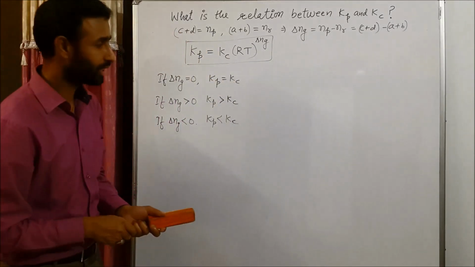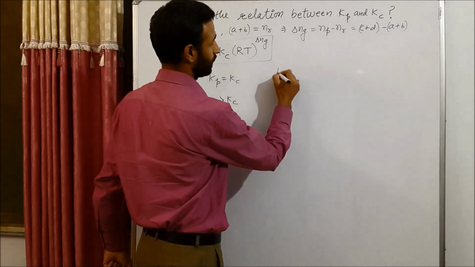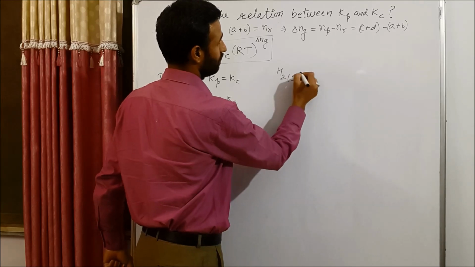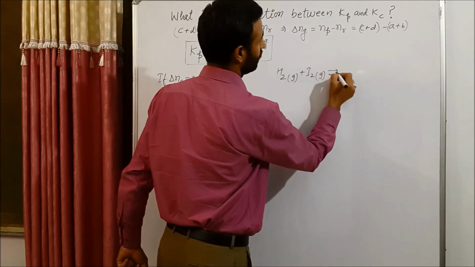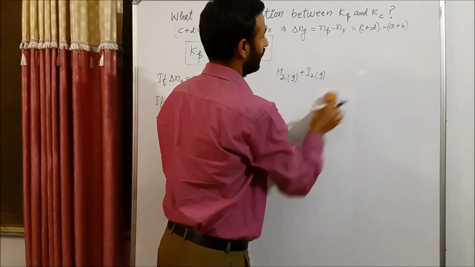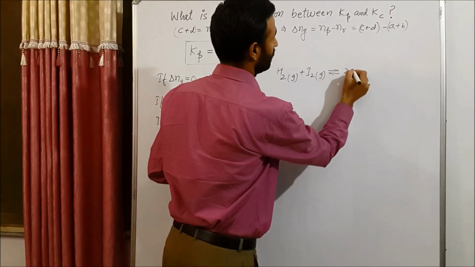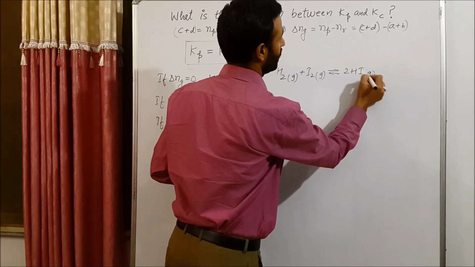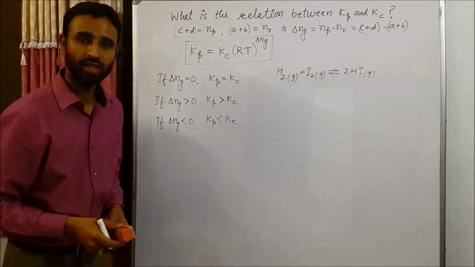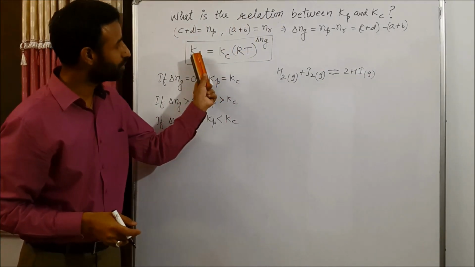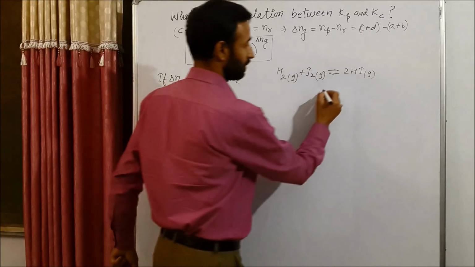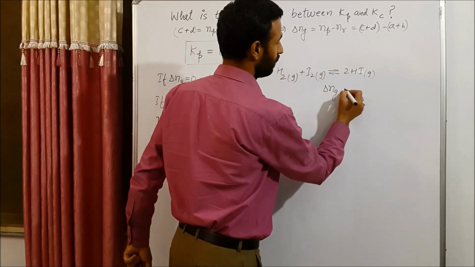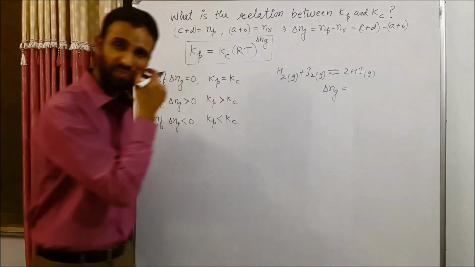So, if the question is H2 gas plus I2 gas to give 2HI gas, what is the relation between Kp and Kc? To get a relation between Kp and Kc, just calculate delta Ng. So, can you tell me what is delta Ng in this reaction?